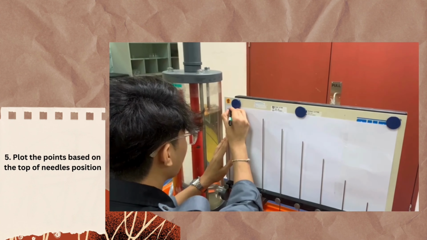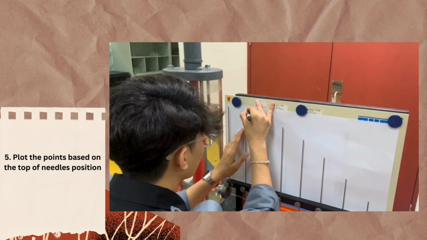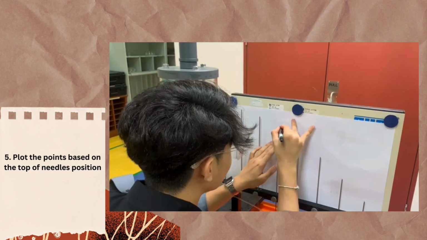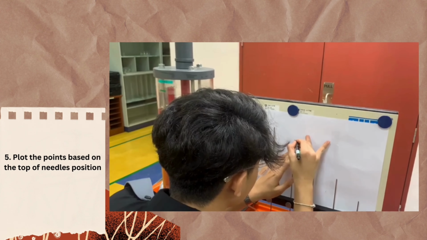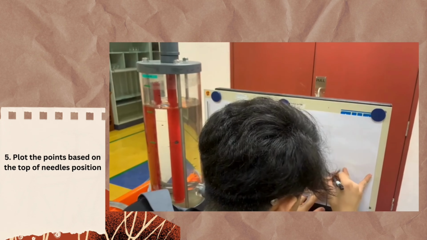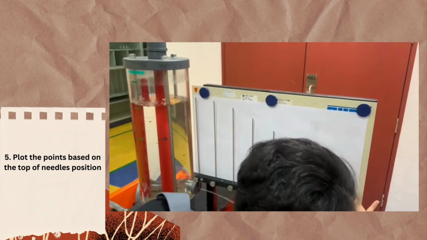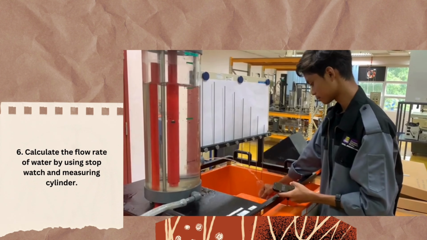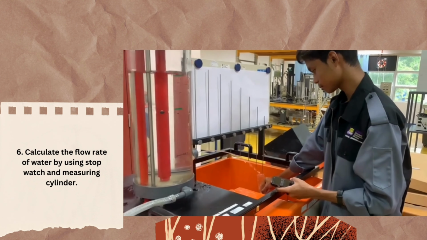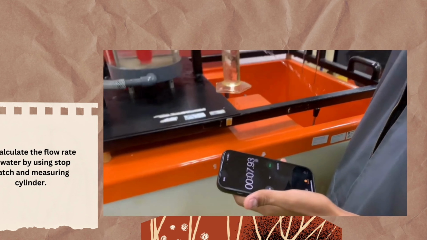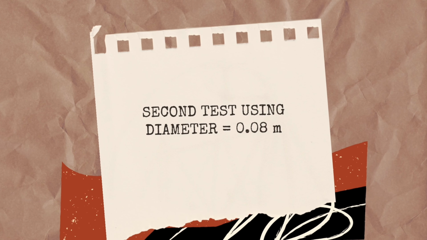Next, plot the points based on the top of the needle position. Lastly, we calculate the flow rate of water by using a stopwatch and measuring cylinder. Then, repeat the procedure using 0.08 meter of diameter.